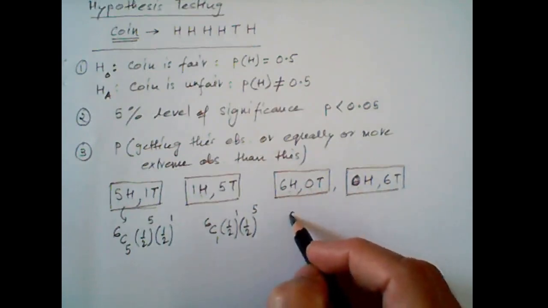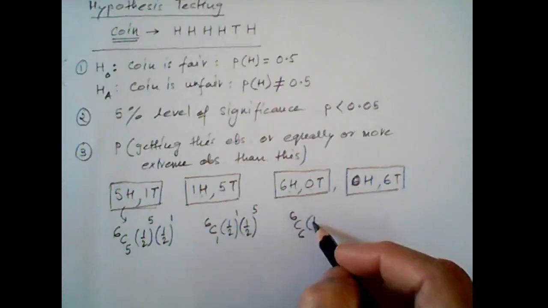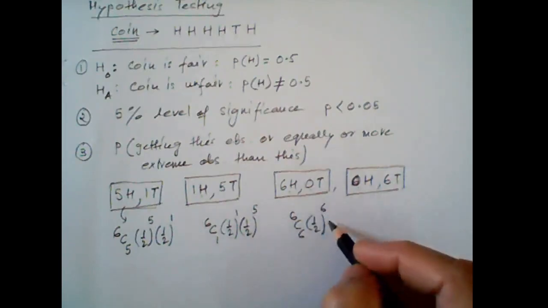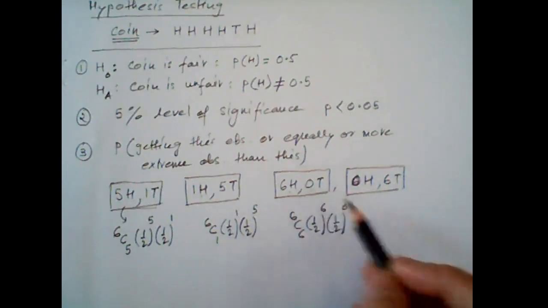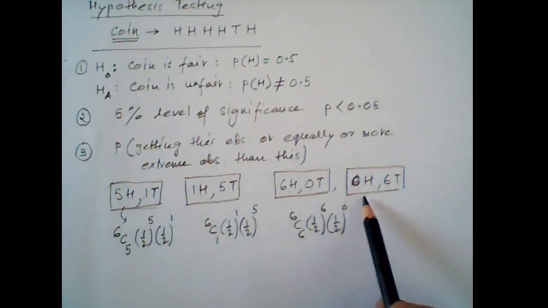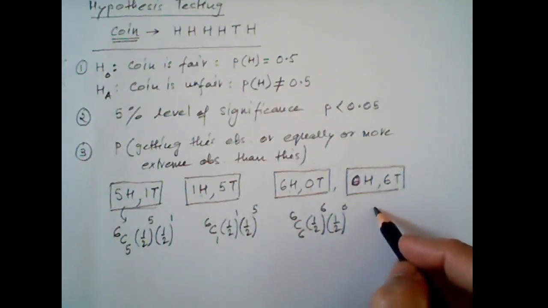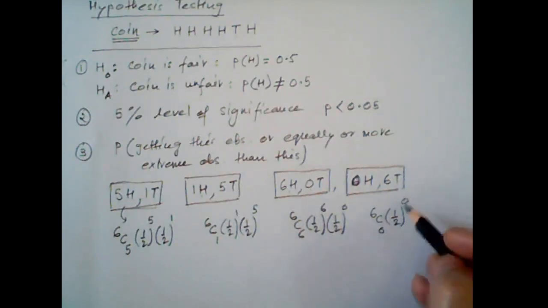So we say 6 choose 6 times half raised to the power 6 times half raised to the power 0 because there are no tails. And what is the probability of getting 0 heads and 6 tails? Well, that is 6 choose 0 times probability of heads raised to the power 0 times probability of tails raised to the power 6.